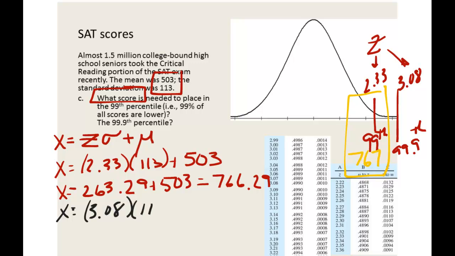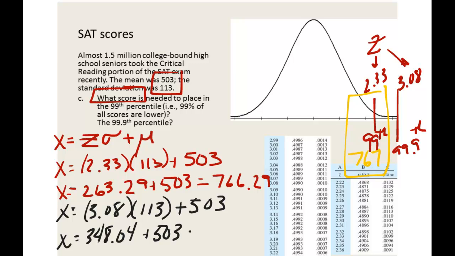For the 99.9th genius, we have 3.08 times 113 plus 503. That first term, instead of being 263 when you multiply them, is now a lot higher at 348. Add that to 503, and now suddenly this kiddo has blown the top off the SAT and scored an 851.